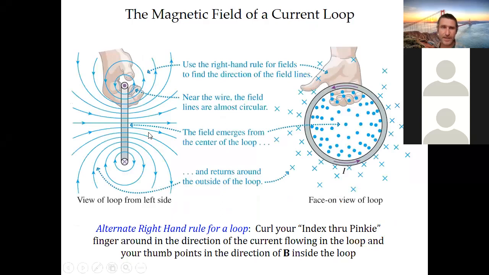As we just discussed, you can see that the dots mean arrows pointed toward you, and the X's mean magnetic field lines that are pointed away from you.